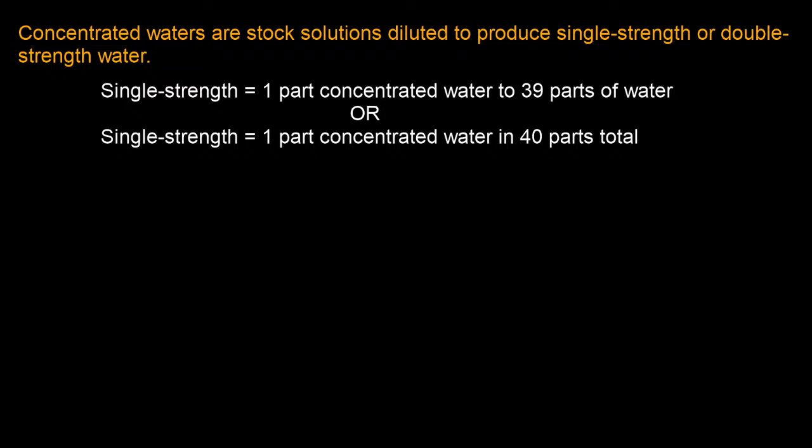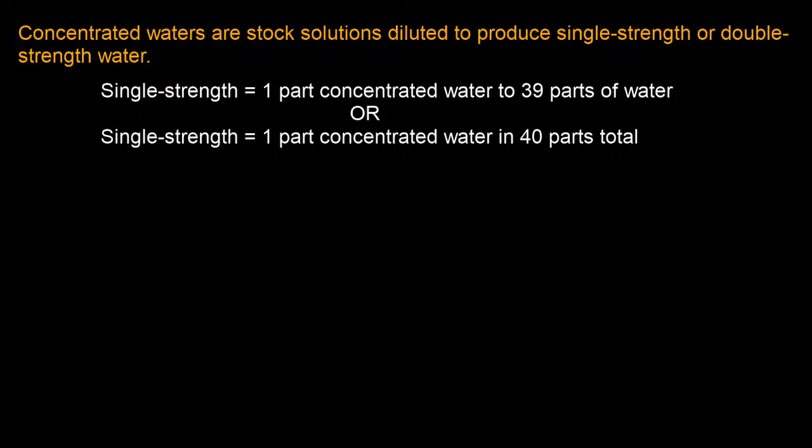Now, a single strength is when you have 1 part of the concentrated water to 39 parts of water. So if you had 1 milliliter of concentrated peppermint water, then you add 39 milliliters of water to form a single strength. The other way to capture that information is 1 part of the concentrated water in a total of 40 parts.